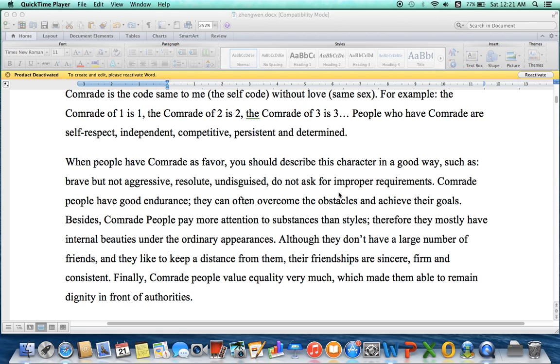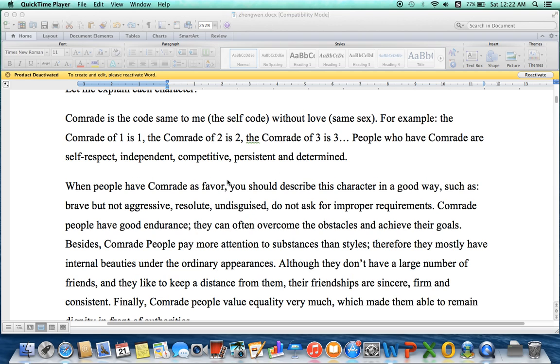Don't ask improper requirements, good endurance, able to overcome obstacles and achieve their goals. That's what it means, determined and good endurance. Pay attention to inner beauty more than appearance, and they don't have a lot of friends and keep a distance, but their friendships are sincere, firm, and constant, and they value equality very much. That's the good way to describe comrade.